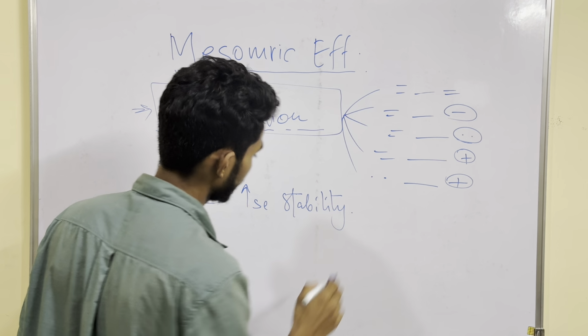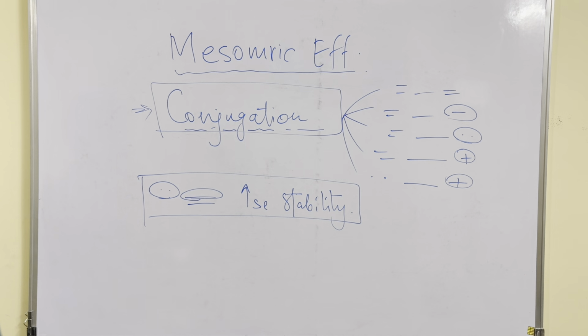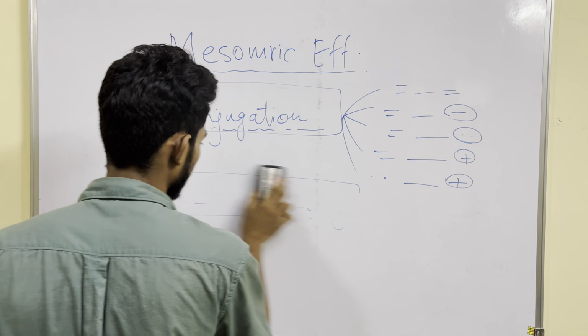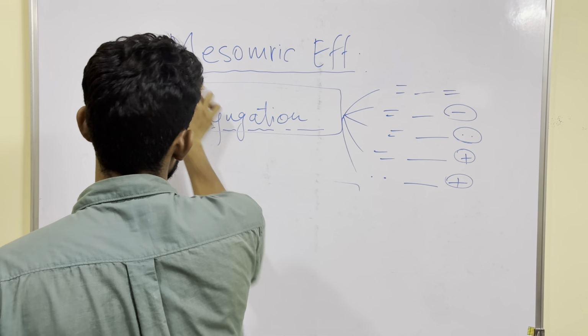So you must say, what is conjugation? Conjugation is the system of overlapping p orbitals, increasing the pi electron delocalization and ultimately increasing the stability of a compound.